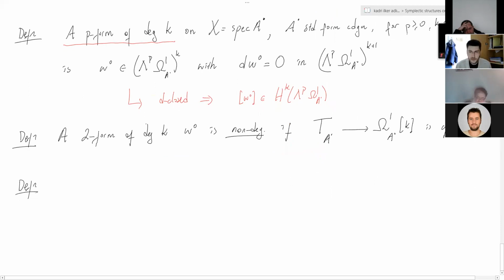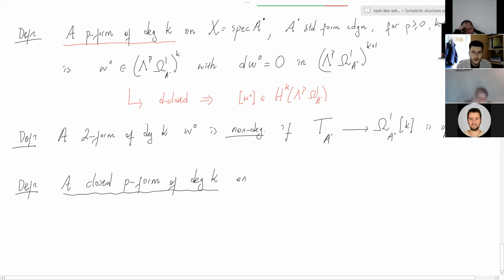And then finally, another definition, a closed p-form. How we define a closed form of degree k, on, as before, Spec A dot standard minimal.